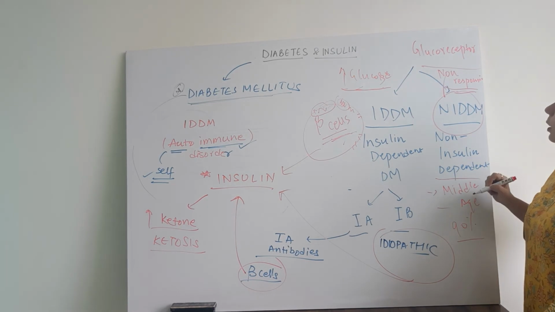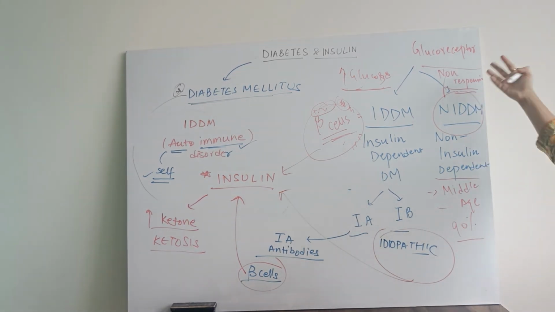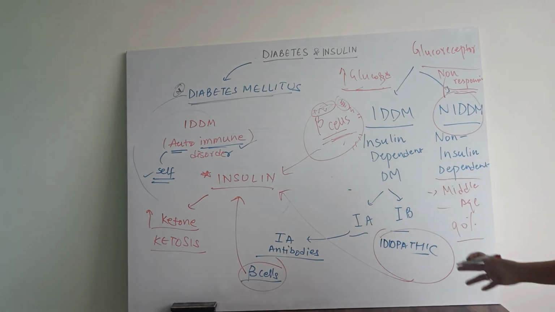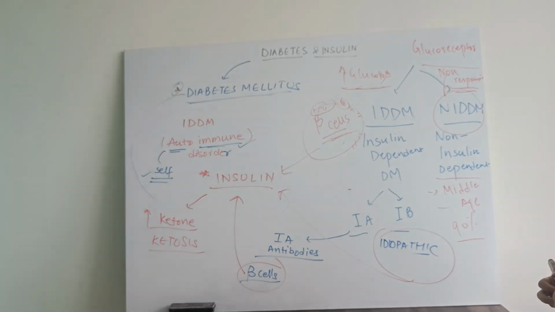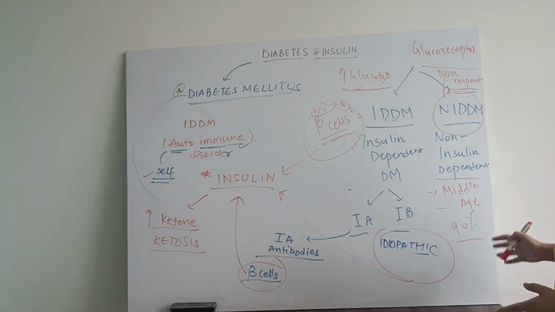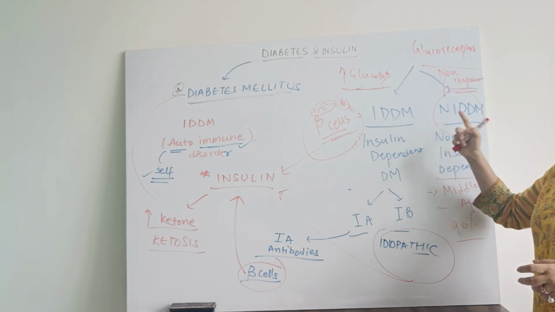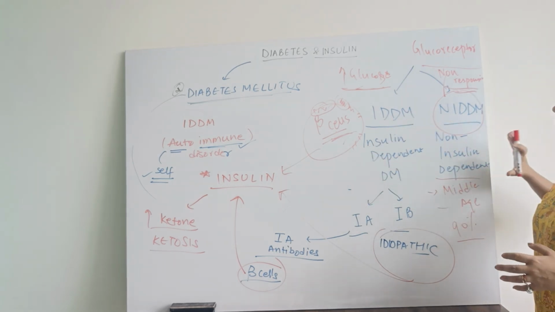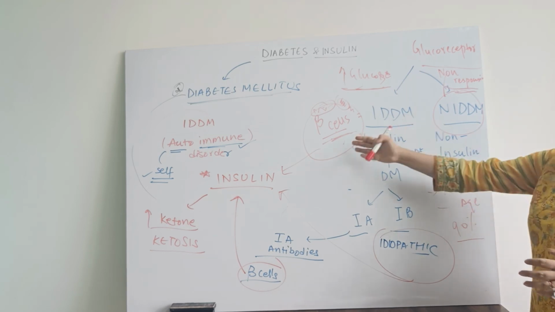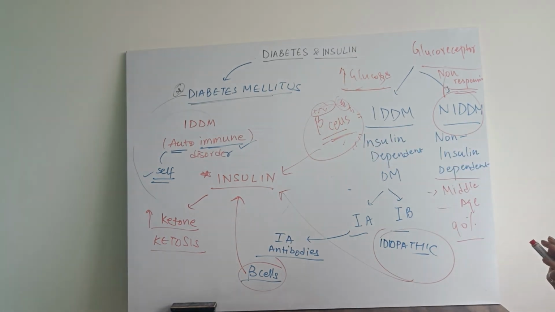So insulin is not released due to non-responsiveness, and basically it's a genetic factor, so it runs in the family. The glucoreceptors are not responding to the increased levels, the sensitivity has decreased, and this affects the insulin release. So in both cases, the insulin is not being released. In IDDM the beta cells are being damaged. Here the beta cells are not damaged, but they are turning non-responsive, right? So these are the two kinds of diabetes mellitus.